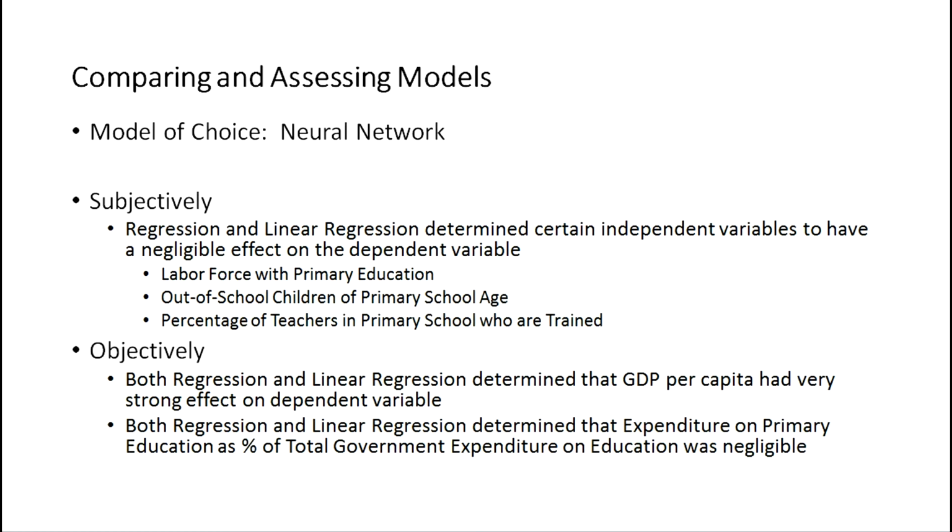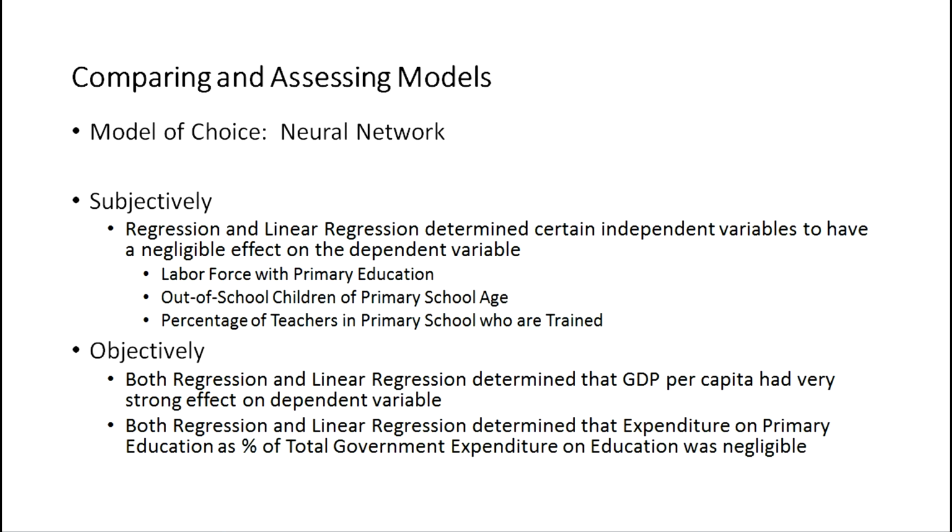For example, labor force of primary education, out-of-school children of primary school age, and percentage of teachers in primary school who are trained. So basically the regression and linear regression told us that it didn't matter whether or not the teachers are trained. That didn't have an effect on the enrollment rates, as well as the labor force for primary education, and subjectively speaking, we're not totally comfortable with those results.